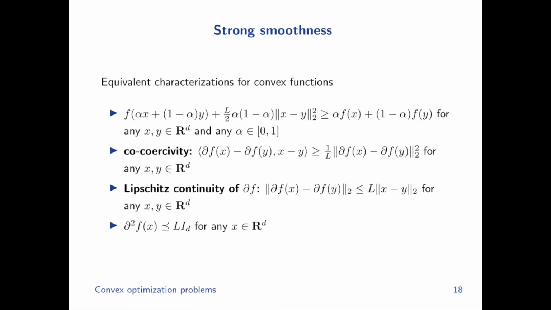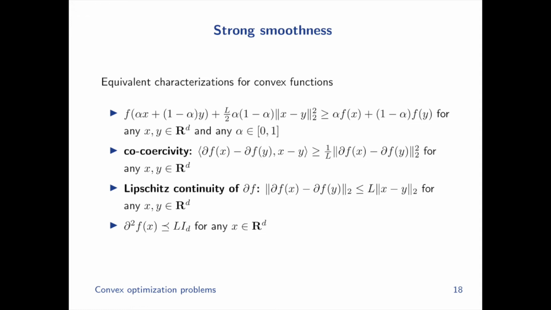I'm going to give you zeroth, first, and second order characterizations. Let's start with the zeroth order characterization. It's in some sense a reverse of the characterization of strong convexity. Remember, in the zeroth order characterization of strong convexity, there needs to be a gap between the line segment and the actual graph of the function.